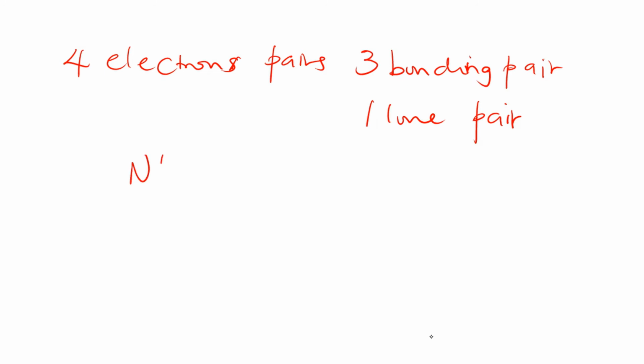Let's look at a molecule that has 4 electron pairs, 3 bonding pairs and 1 lone pair. Let's look at ammonia, and let's draw it. You have your lone pair there. That's H and H, and then you have this.